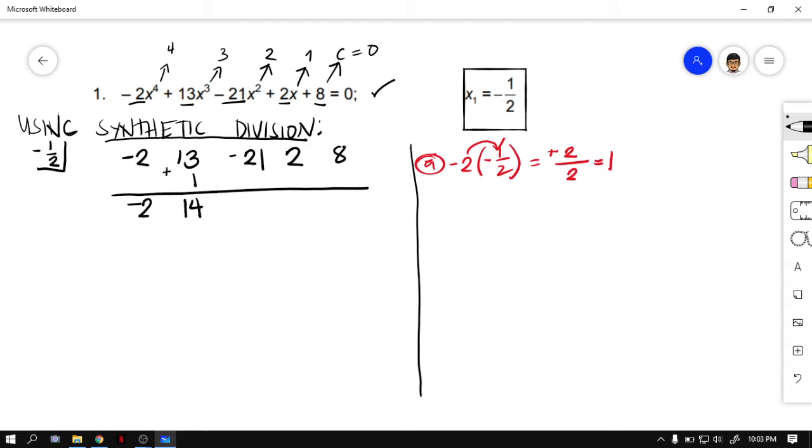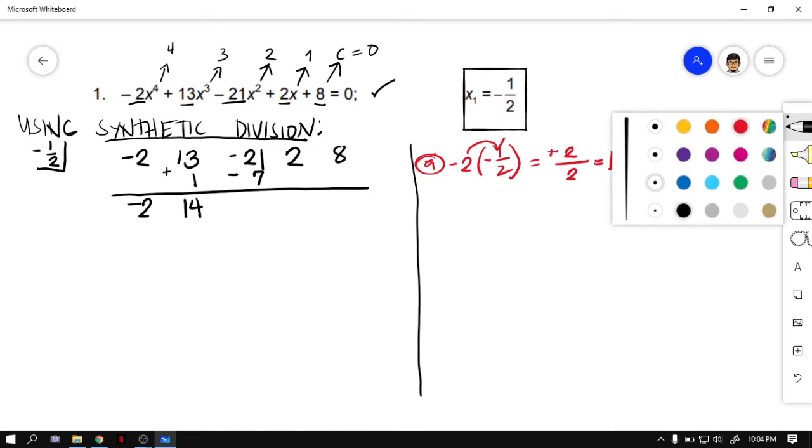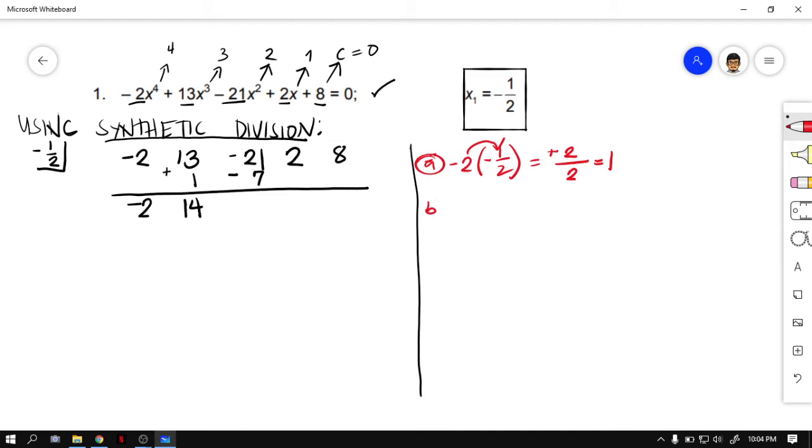Next, we have 14. Positive times negative is negative. 14 times 1 is 14. Divided by 2 is 7. So 14 times negative 1/2 is negative 7. So paano nangyari ulit yon? We have 14 times negative 1/2.